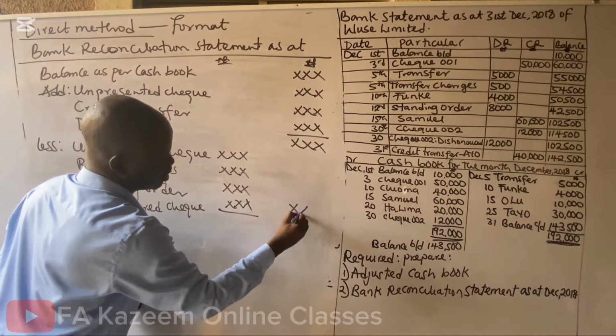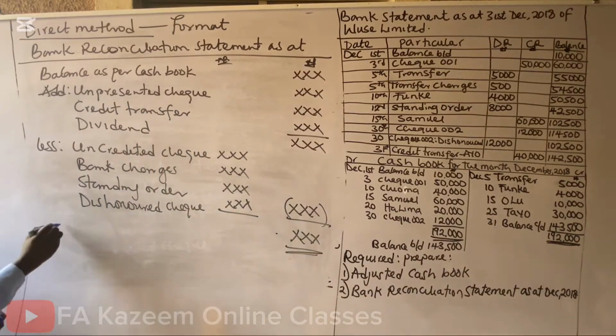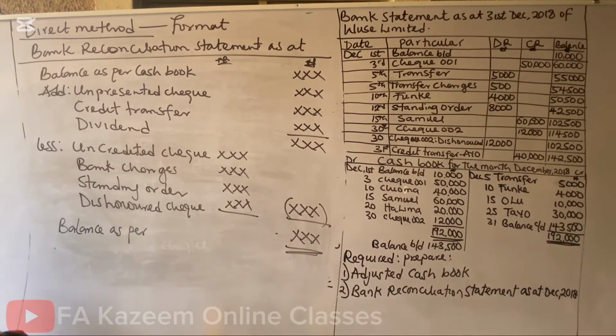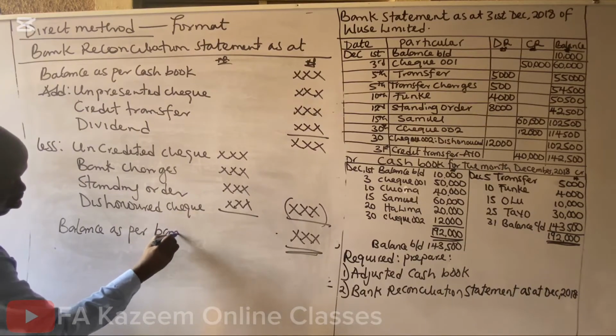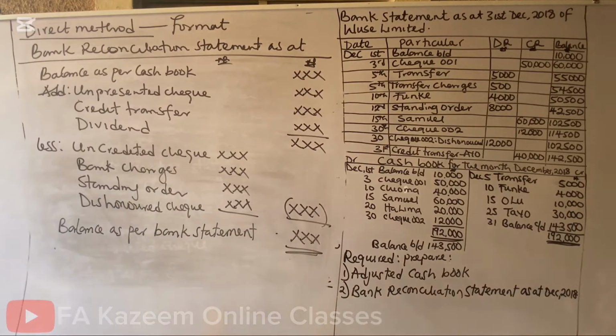Once you less all this, less means put it in bracket, what you are going to arrive at is known as balance as per bank statement using the direct method. Under the direct method, there's nothing like adjusted cash book. Just put all the adjusted cash book items on the debit side, add them to your unpresented check. The credit side of adjusted cash book, less it along with uncredited check.